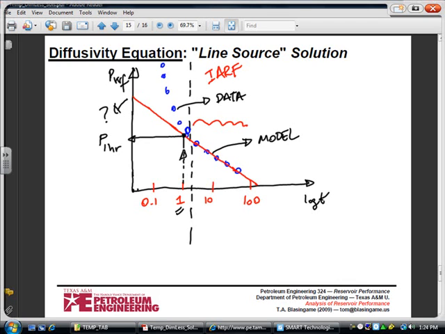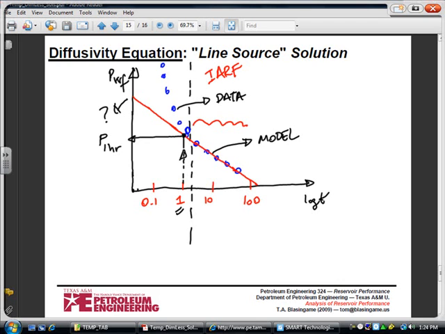It can be wellbore storage or some other things, but it's not related to our discussion now. It can be anything, but when you see data show a straight line behavior, then you are in the infinite acting radial flow.